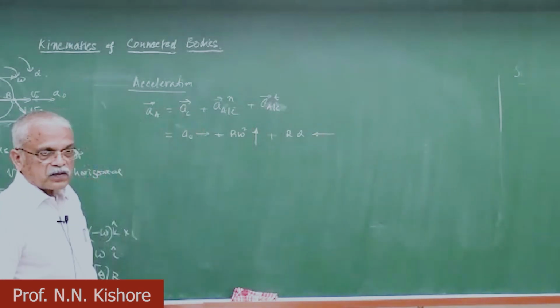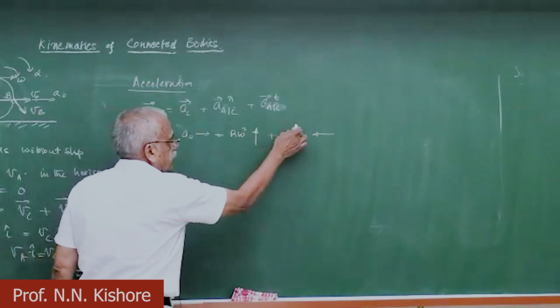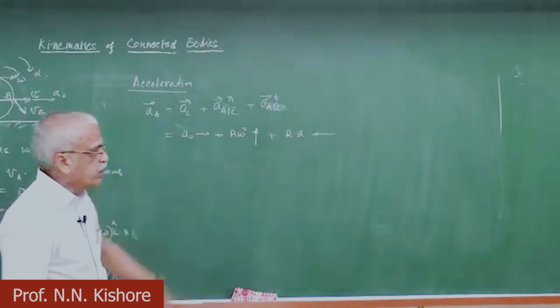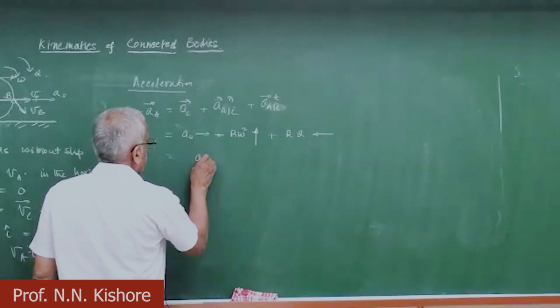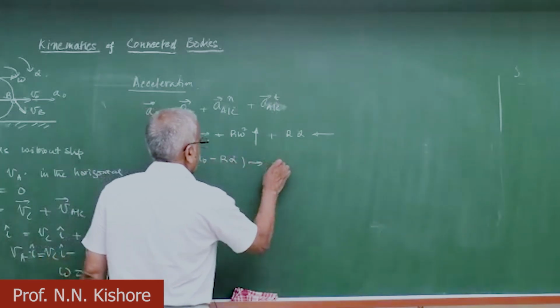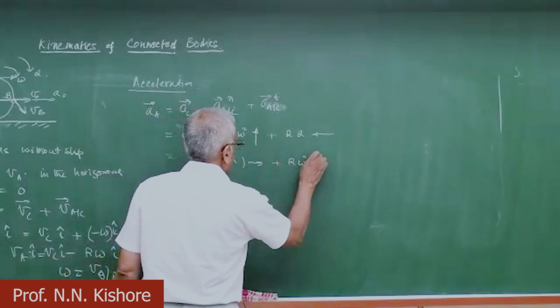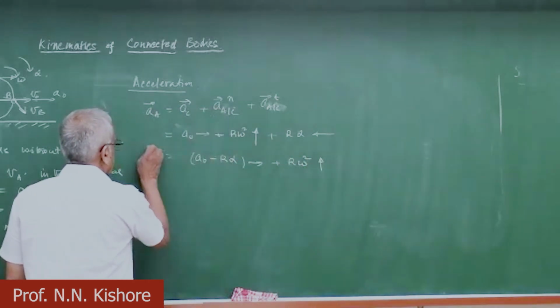Okay, you are quite conversant now with how I'm putting these arrows. So that means that you have a naught minus R alpha horizontally, plus R omega square in the upward direction. So this is the acceleration of A.